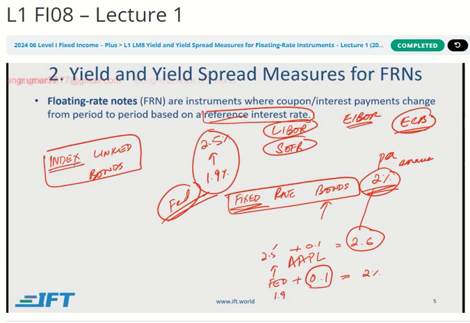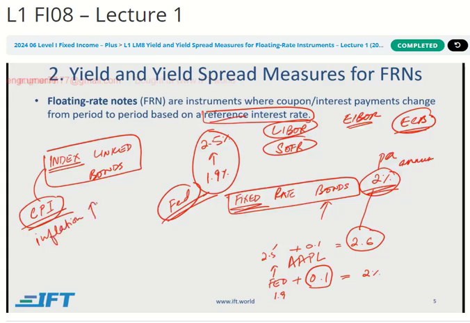Now, let me just talk about index linked bonds before I move on into more details about floating rate notes. Index linked bonds are linked to something like a consumer price index, right? It could be linked to another index as well. But one example is a consumer price index, which is basically an index for inflation.